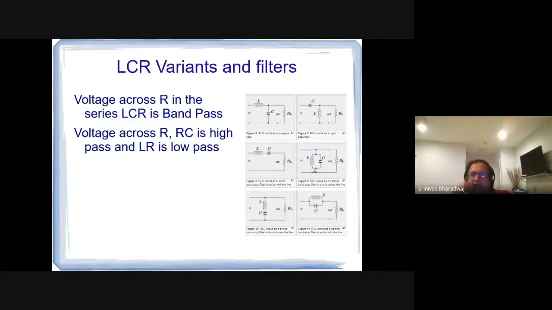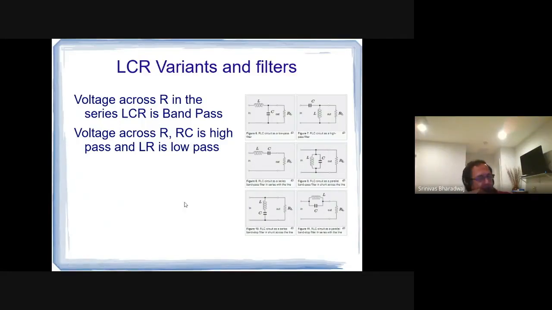In the parallel context, a band pass is a shunt across the line. This is also a band pass, like this one, but it is a shunt based band pass. Then there is this combination called a band stop, and this is known as a series band stop and a parallel band stop.